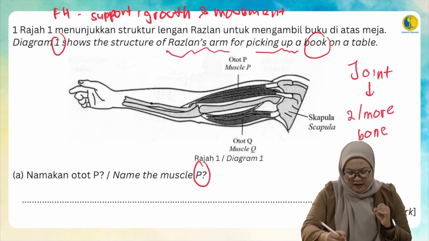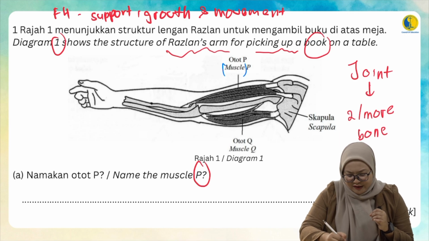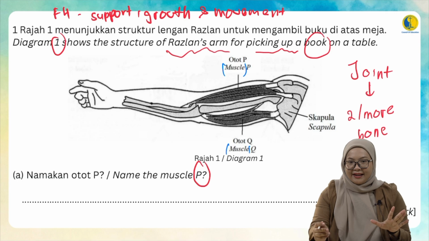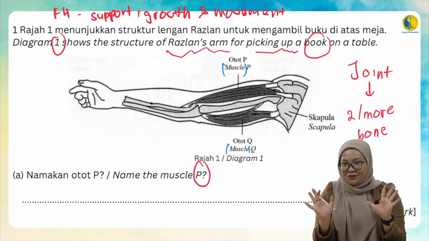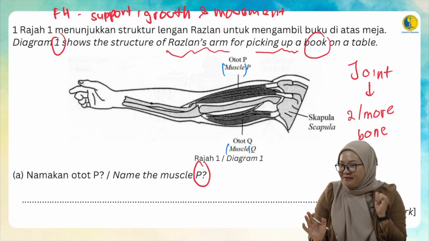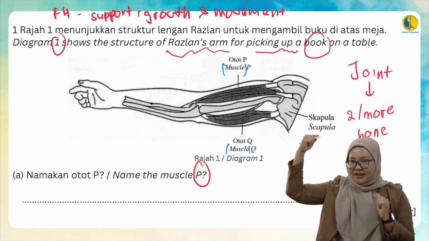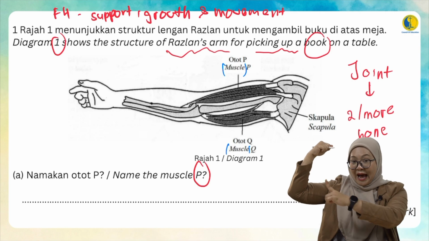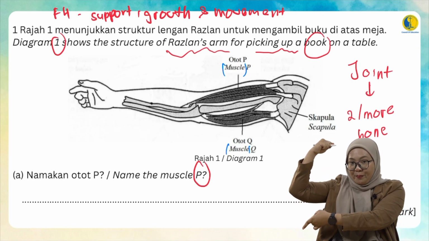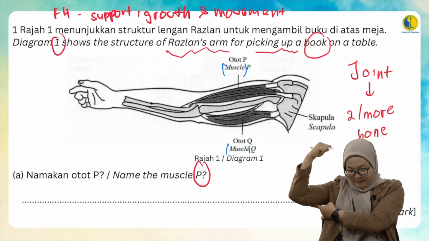Now the question is asking about muscle. This is so common. Without reading, you know already. Guys, everyone do it together with me. You have a bicep or you don't, you have to do it together with me. The upper part, bicep. The lower part, tricep.